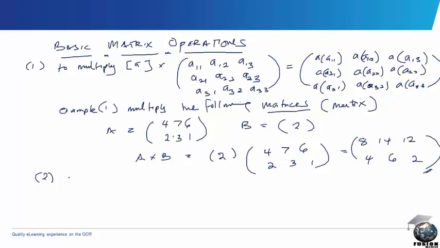If you want to multiply two non-single matrices, matrices that have elements greater than 1, these conditions must hold.